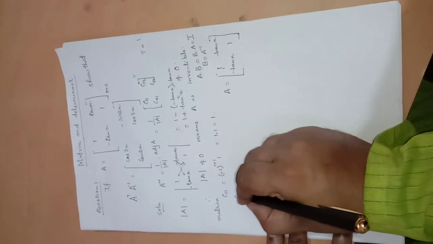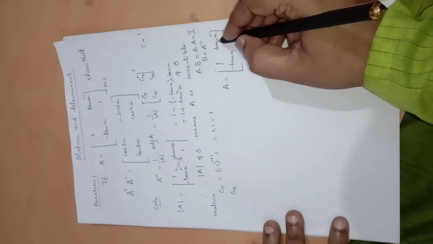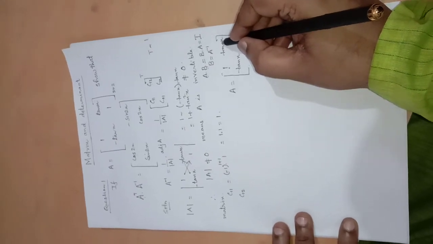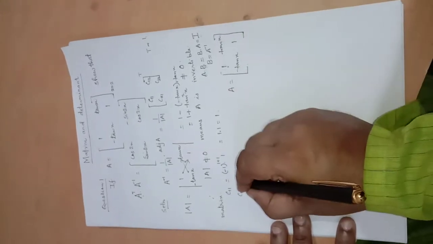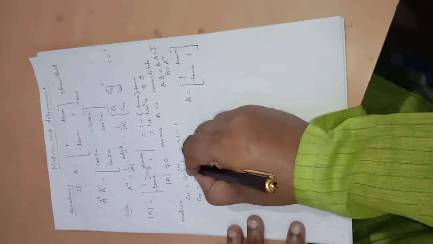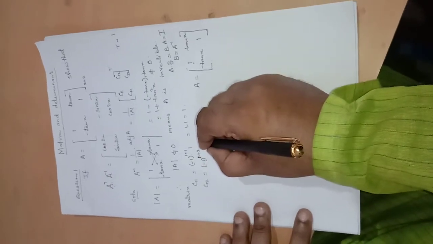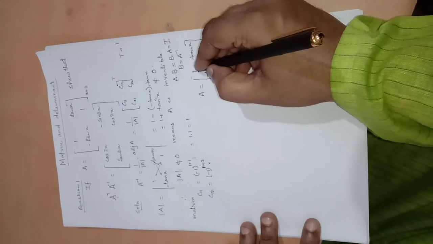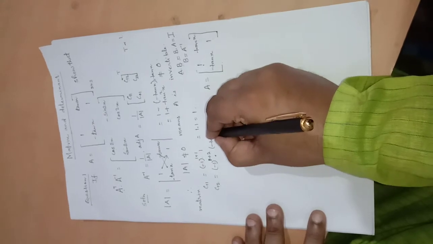Now C12 means we are going to find the cofactor of the element which is in the first row and second column. This is the first row, and in the second column it is tan x. So it is equal to minus 1 to the power 1 plus 2, we add the suffixes, into the remaining element after removing the row and column of tan x, which is minus tan x.